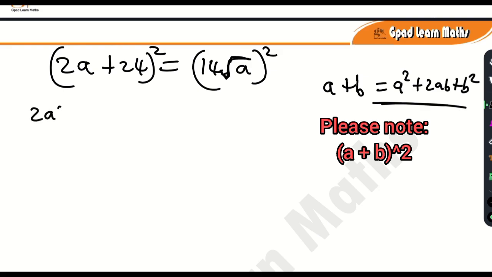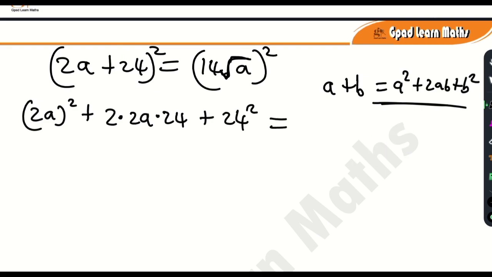That would be 2a all squared plus 2 times 2a times 24, then plus the last term, 24 squared. This is equal to, this square is affecting 14 and root a, so we can rewrite this as 14 squared times root a squared.